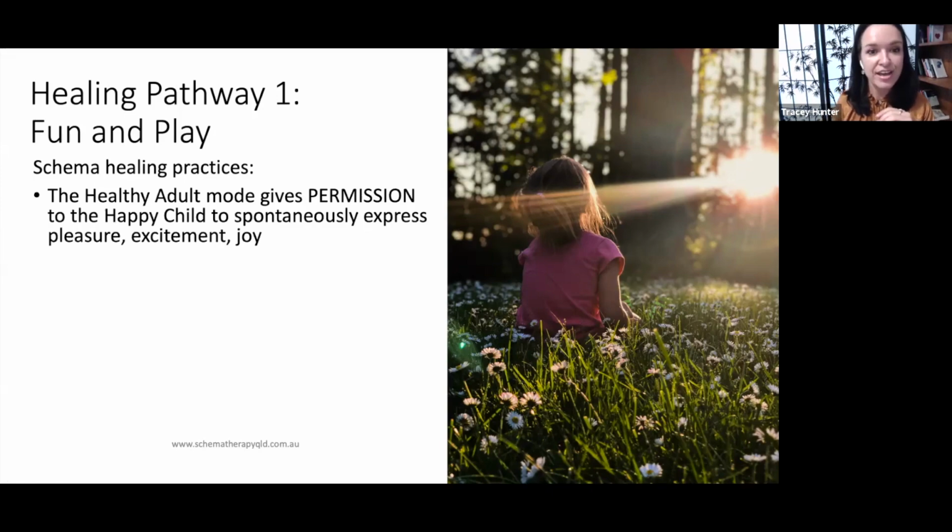All right, so the healthy adult mode gives permission to the happy child to spontaneously express pleasure, excitement, and joy. I cannot understate the importance of this step, the permission. Because the happy child mode starts to look to who's the authority figure, who is the authority of my life, who says how I should be, or what's okay about how I should be.